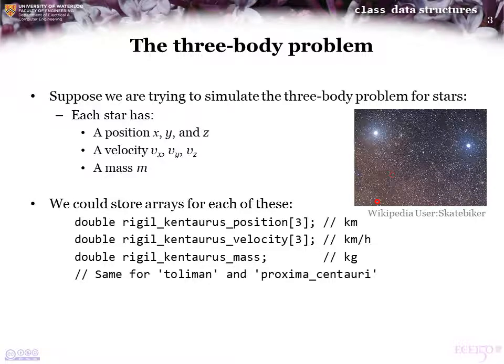If we were trying to program this up until now, we would have had to create two arrays for Rigel Kentaurus, one for its position and one for its velocity, and another local variable to store its mass. We'd have to do the same for Toliman and Proxima Centauri. So this leaves us with 9 different local variables to interact with.